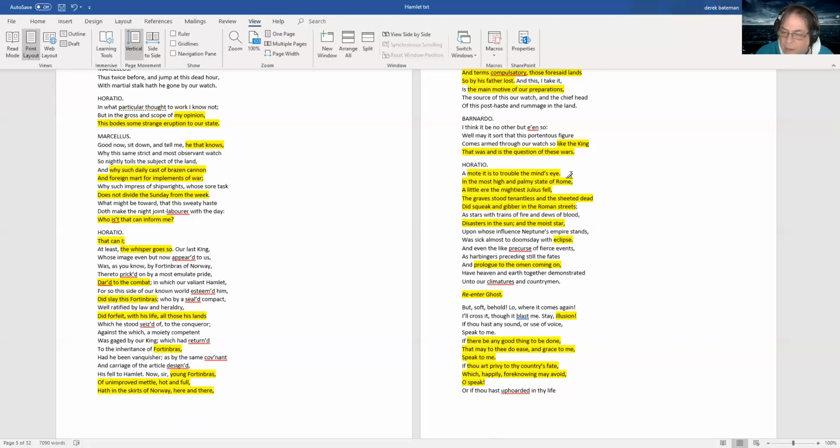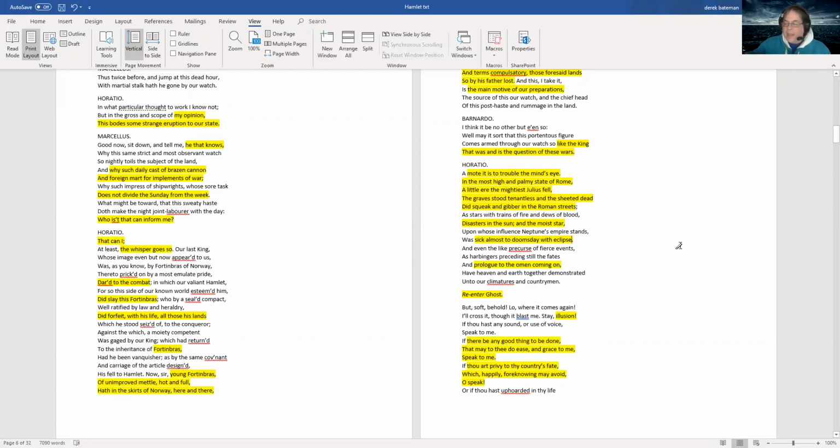And what he's referring to here is during Roman times, when Rome was an empire, "a little ere the mightiest Julius fell," Julius Caesar, before the fall of Julius in Rome, "the graves stood tenantless, and the sheeted dead did speak and gibber in the Roman streets, as stars with trains of fire and dews of blood, disasters in the sun, and the moist star," the moon, "upon whose influence Neptune's empire stands, was sick almost to doomsday with eclipse."